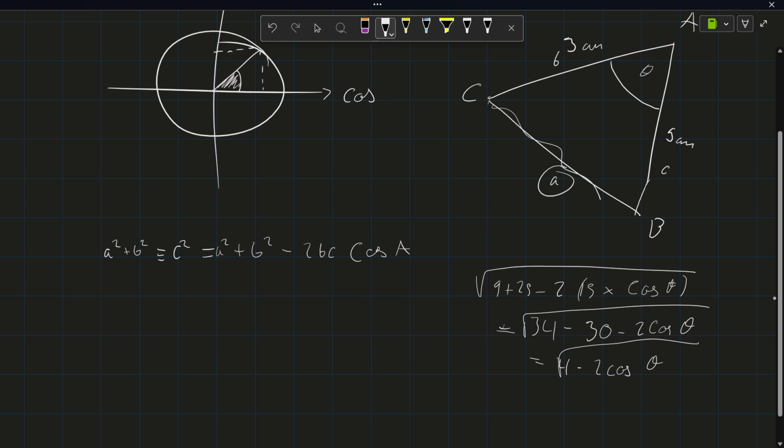Then we'll find this. I don't know that for sure because I've just made this up, but who knows, it might work.